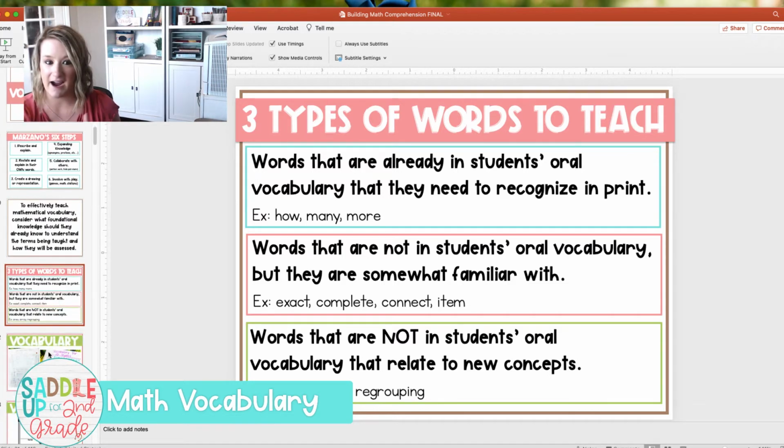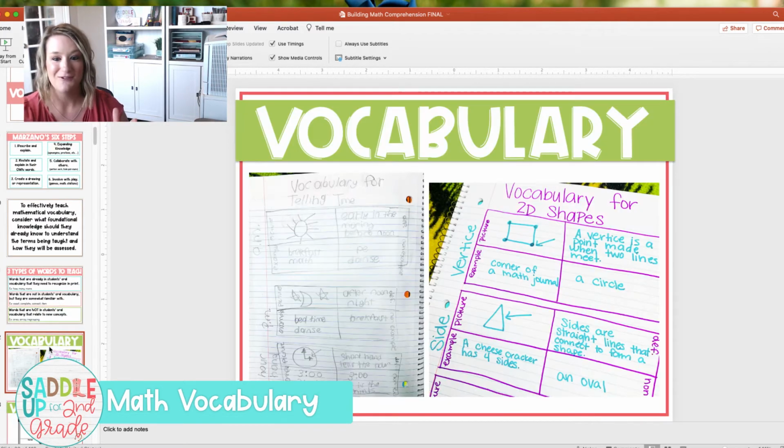So one of the things that I did very frequently with my class was use a graphic organizer when introducing vocabulary words. This is just a simple 4-square organizer. You've probably seen it a lot in an ELA model where students write the definition of a word, draw a picture or visual representation, and then in an ELA format, you might do a synonym or an antonym, or use it in a sentence.